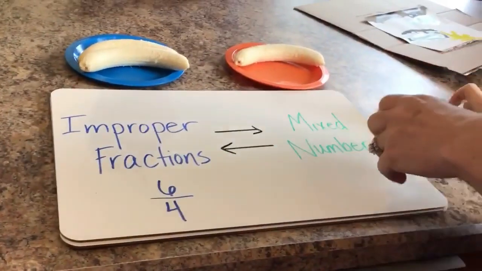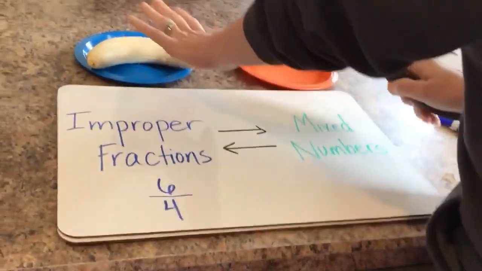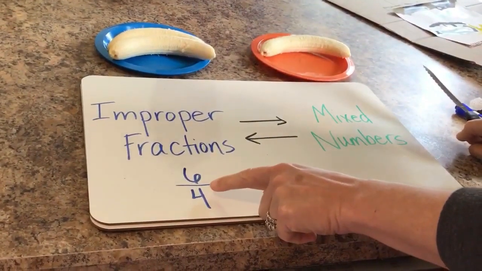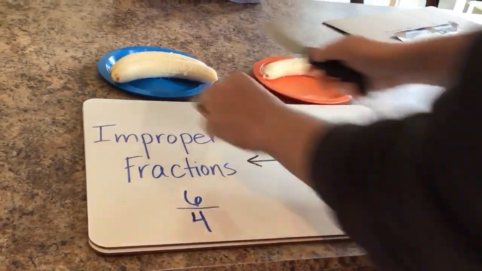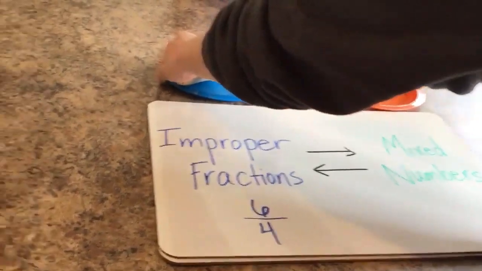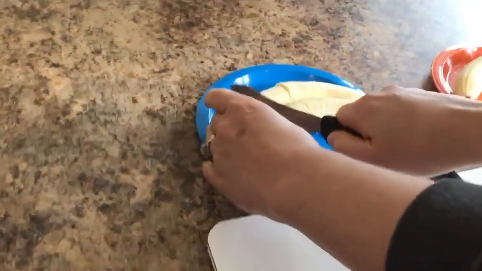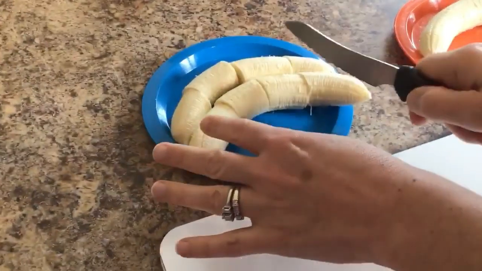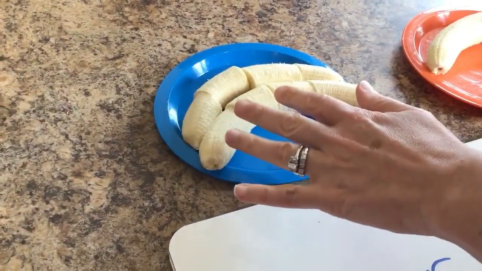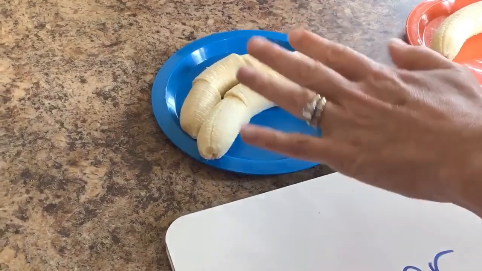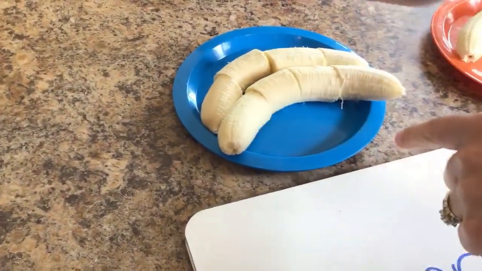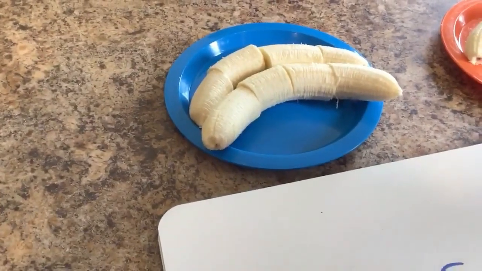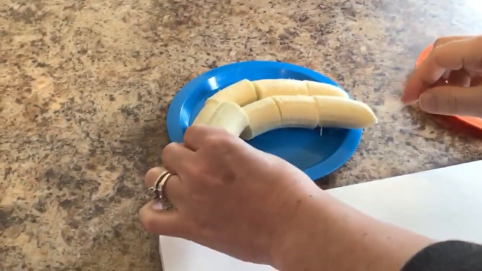And what that would look like, so we're going to use bananas instead of oranges this time. What that would look like is if you had your bananas cut into fourths. So I'm going to cut these bananas into fourths. Now, this is not perfect because my pieces are not the same size exactly, and you need that to be fractions, but if we cut the bananas into fourths, and I want 6 of these pieces.